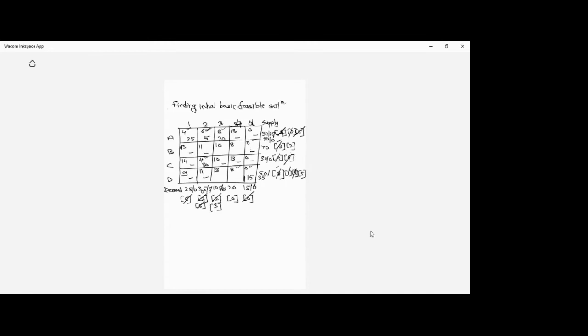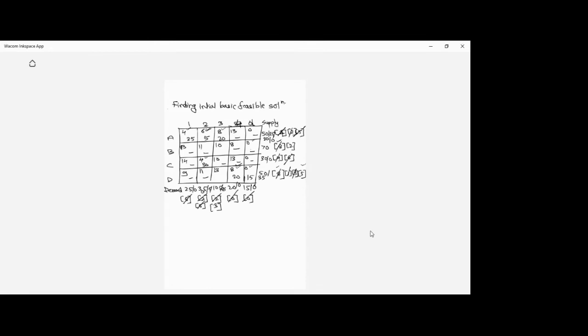So now the penalty 5 is on the higher side, so the allocation will be done in this particular cell. The maximum allocation that I can do is 20. So this will get exhausted, and this penalty will also get removed. So there will be no allocation possible there. So we have only two cells remaining where we need to do the allocation.